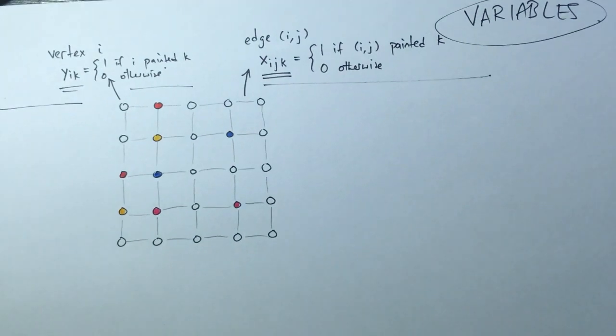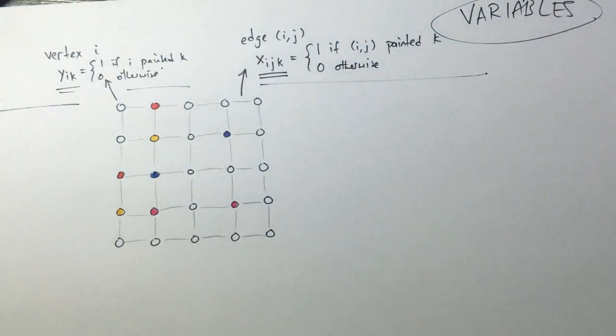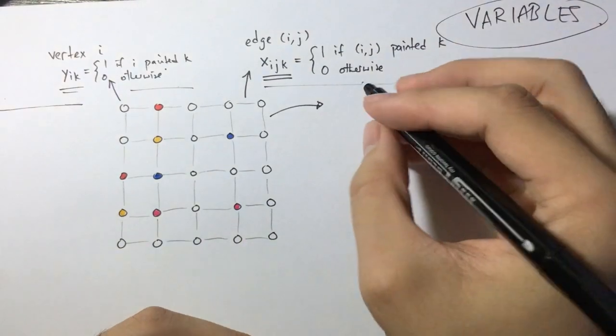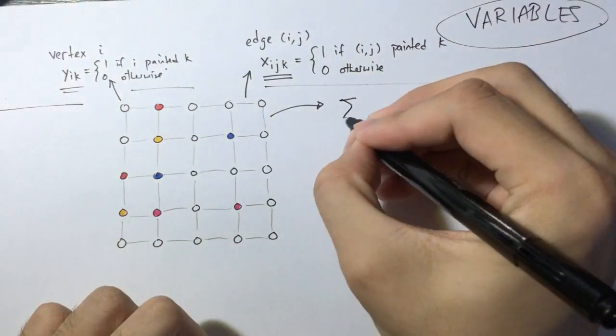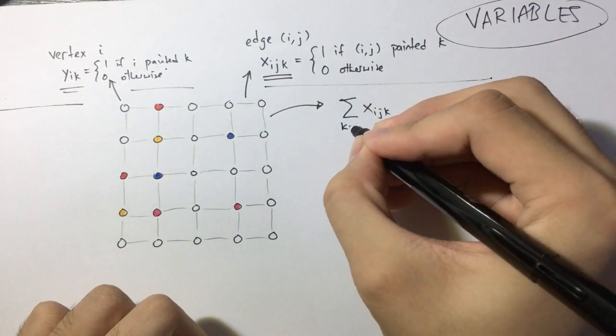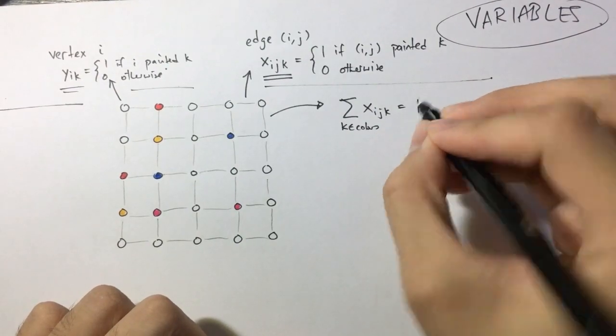So we can put in some of the obvious constraints, right? Because we know that one particular edge can only be of one color, that will be a pretty obvious constraint that we can put on. So if I pick out, for example, one of the edges, then we know that edge can only be of one color, which means that if we do a summation of x_ijk over all of the k in colors, then this can only equal 1.